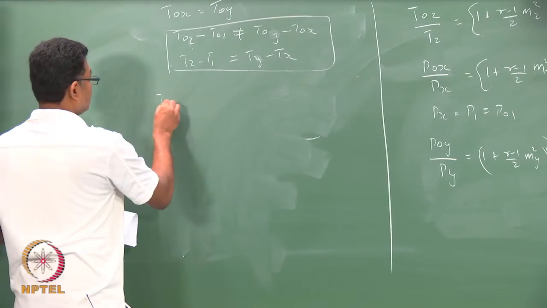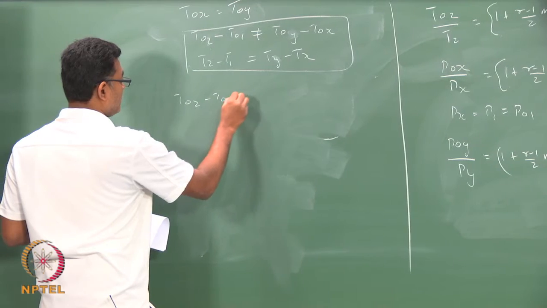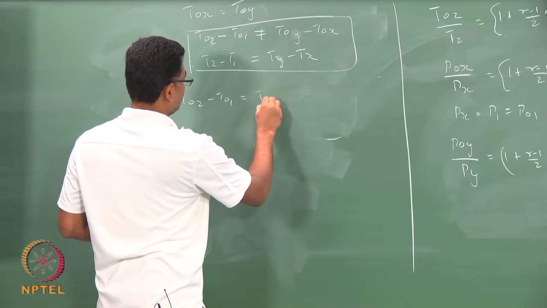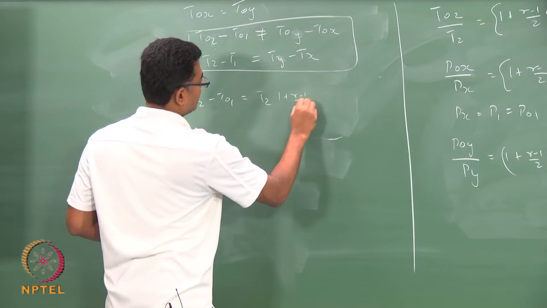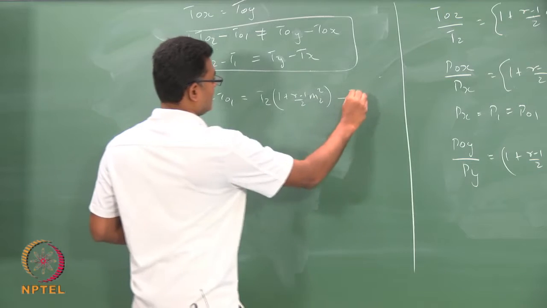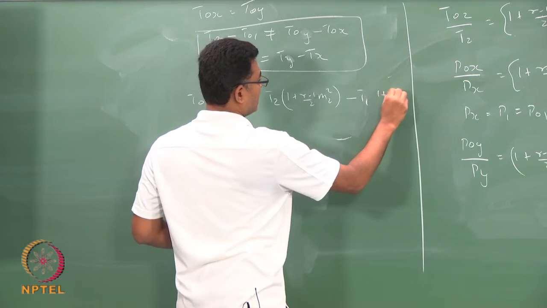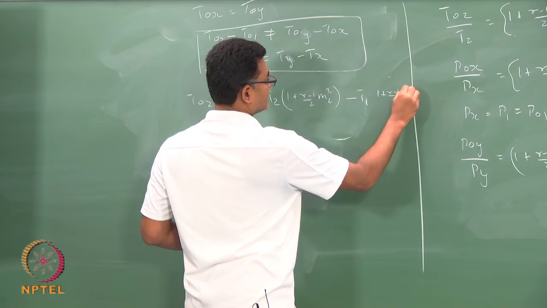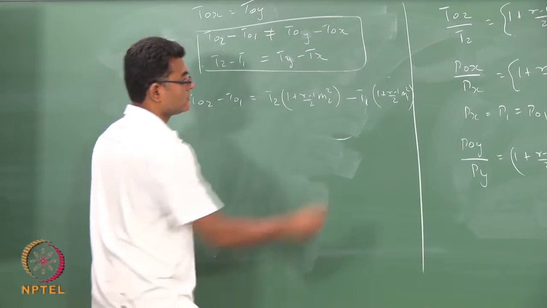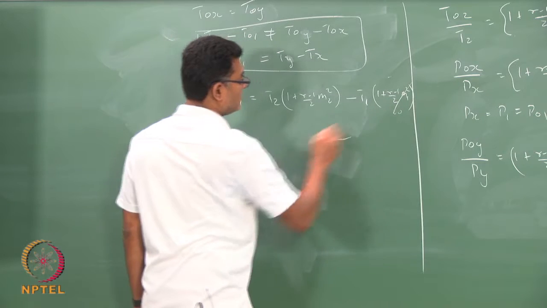So, my T02 minus T01 is T2 into 1 plus gamma minus 1 by 2 M2 square minus T1 into 1 plus gamma minus 1 by 2 into M1 square. M1 is 0. So, this term is 0.